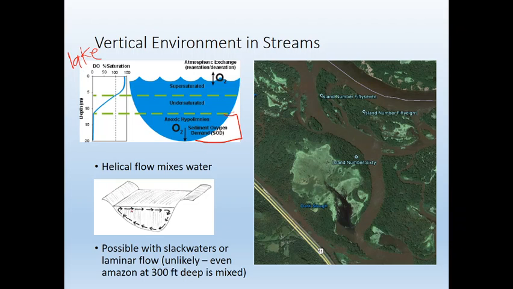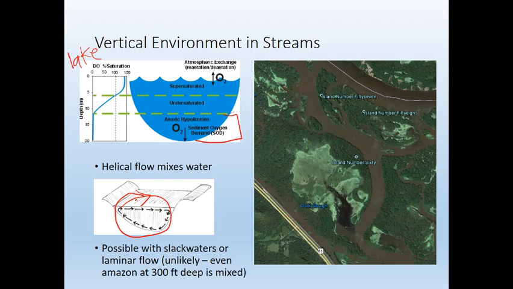So the forcing of the water moving and having that helix going around makes the water never get stratified, right? Even the deepest rivers in the world, the Amazon River, 300 feet deep in places, there's still oxygen down there.